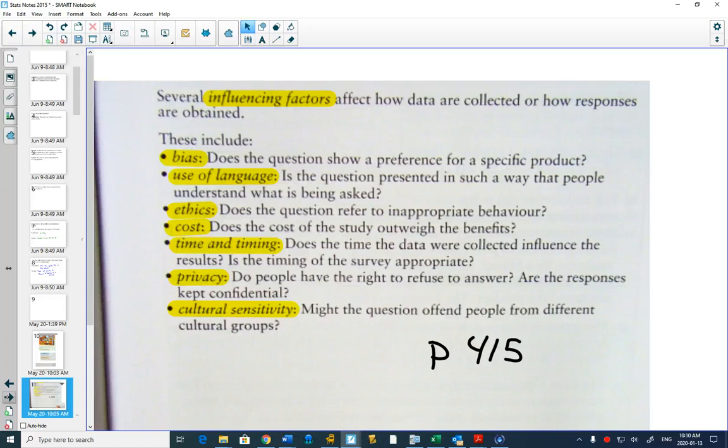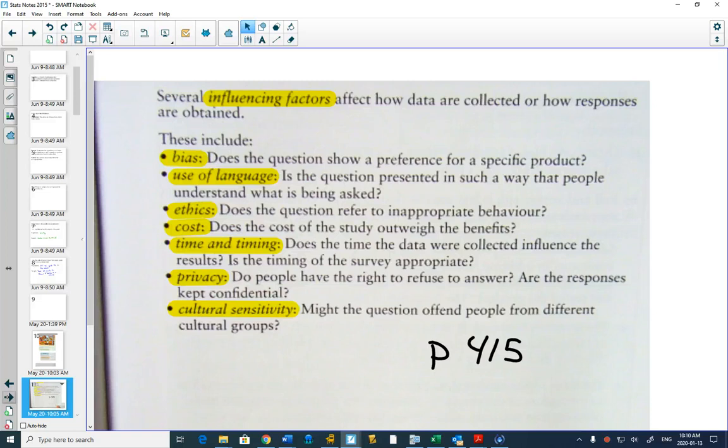Ethics. Does the question refer to inappropriate behavior? Is it fair to ask that question? So you could ask something that is not appropriate to ask of someone, and that could bias the results. Or the cost.